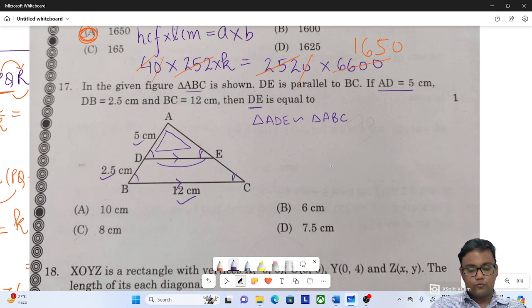DE. So we can use the SSS criterion for similarity. When the two triangles are similar, then the ratio of the corresponding sides are in the same proportion, they are proportional. So I can write AD upon AB, right?